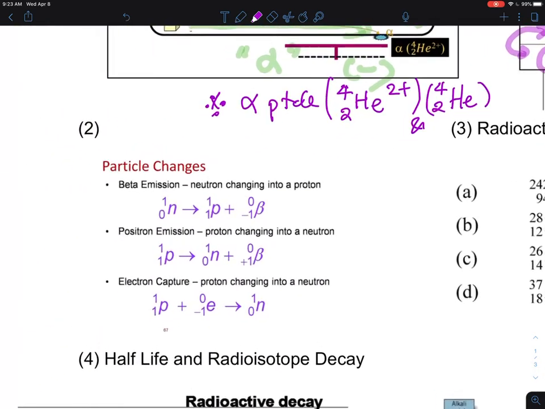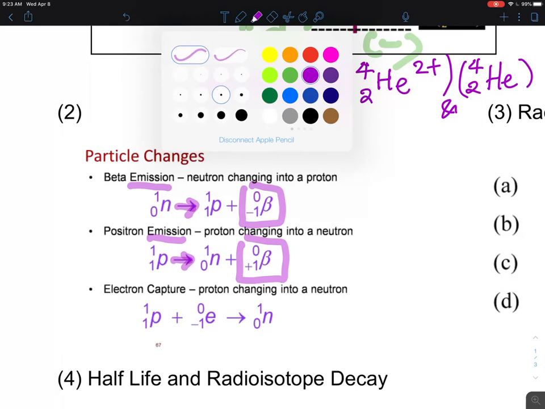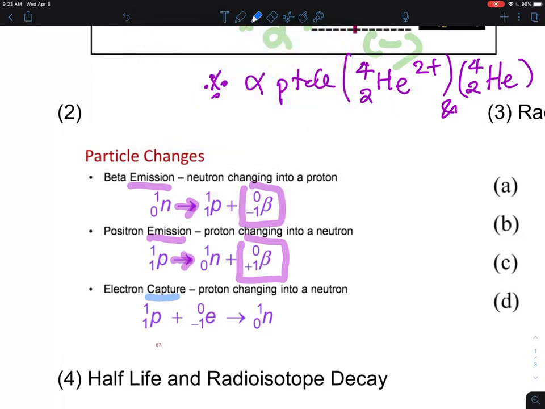So this gives you another interesting snapshot. This is the same language. When you say emission, it means a reaction happens and something is emitted at the end. That's what the name suggests. When you're looking at capture, it means before the reaction happened, something has to react with what you already have.